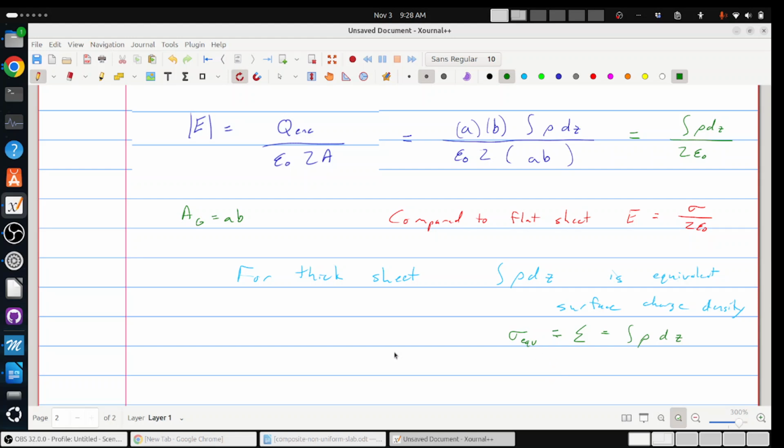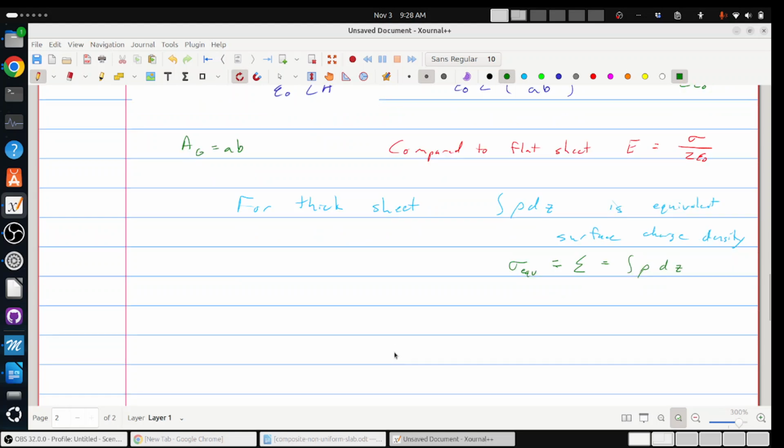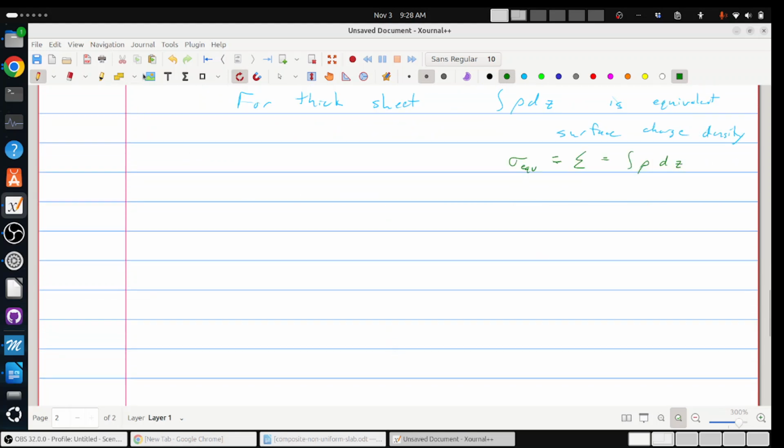Now, in this video, I'm going to do the uniform density case. And then we'll talk about some other possible cases. So here, for this case, when I say uniform density, what I mean is rho is a constant.